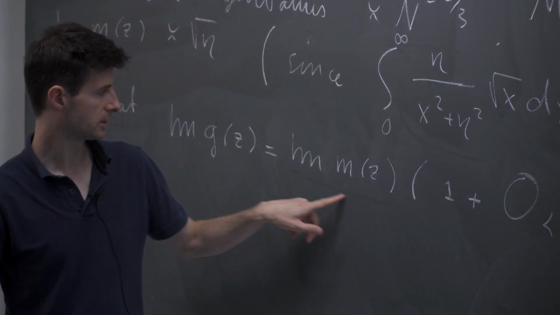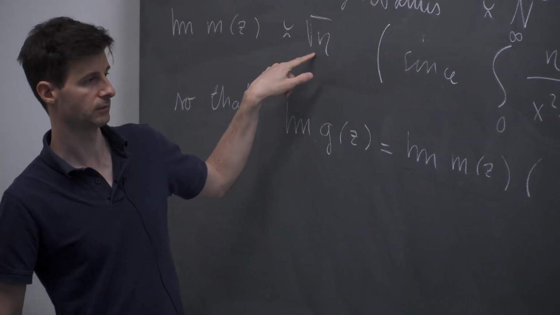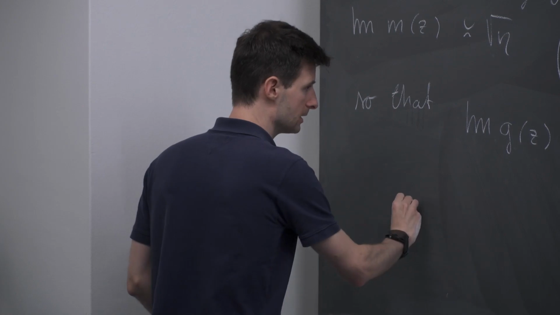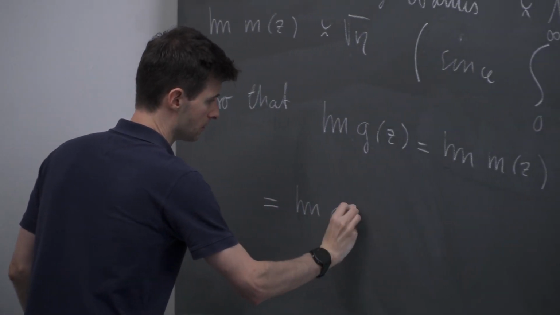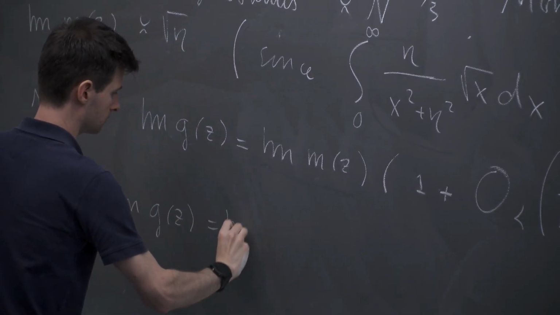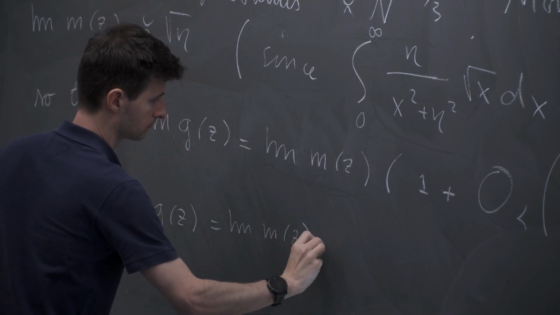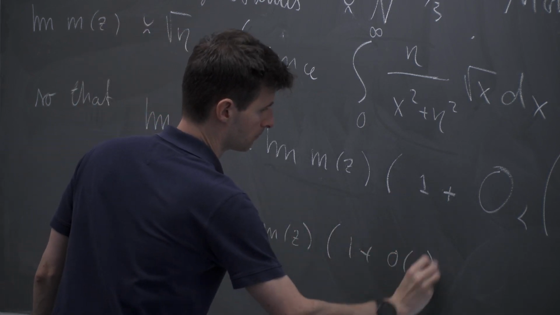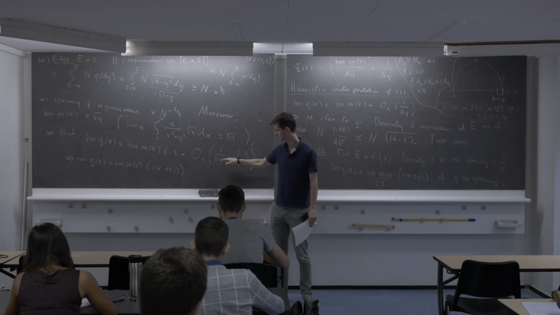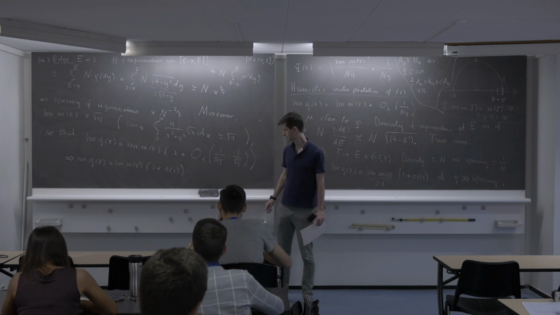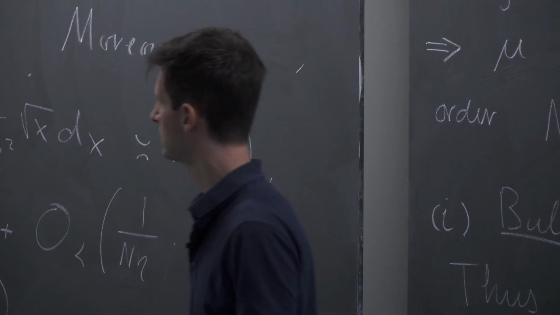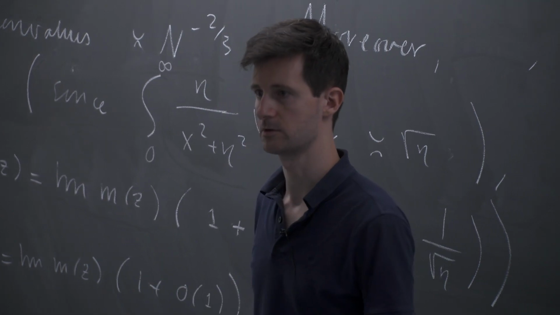And here I pulled out this imaginary part of m of z, which is of order square root of eta. So I have to divide by square root of eta. And this now is precisely of the same form as before. When is this thing small? This is small when n times eta to the 3/2 is much bigger than 1. And this again is precisely when eta is much bigger than the eigenvalue spacing, which is now n to the minus 2/3.